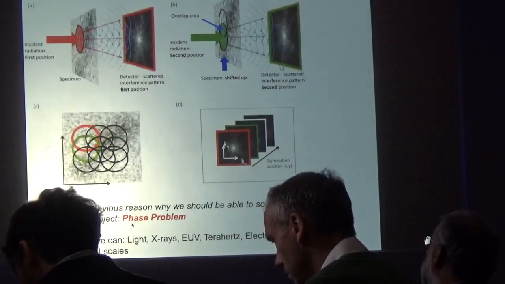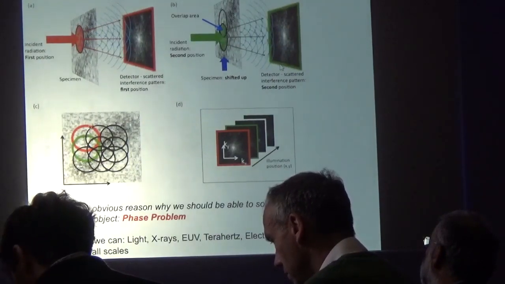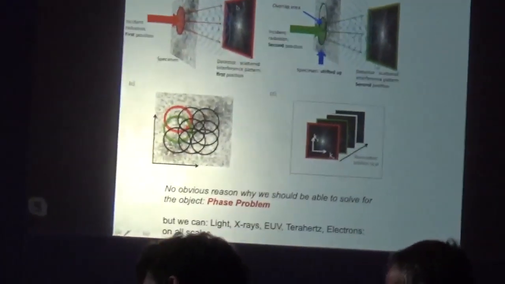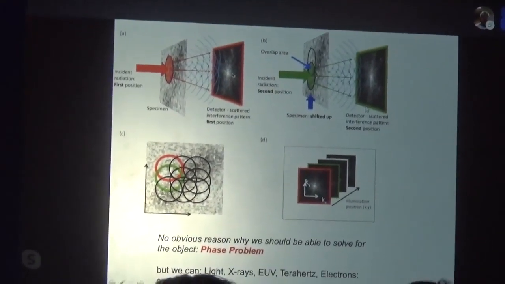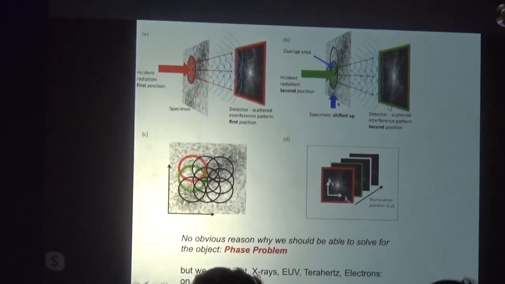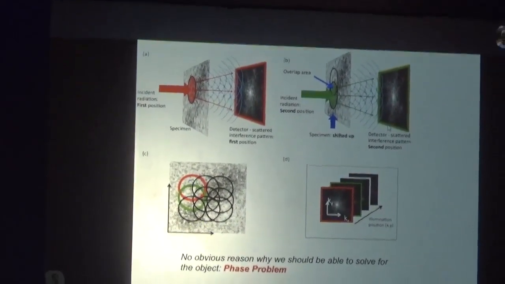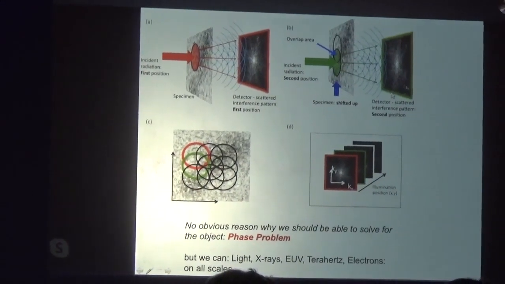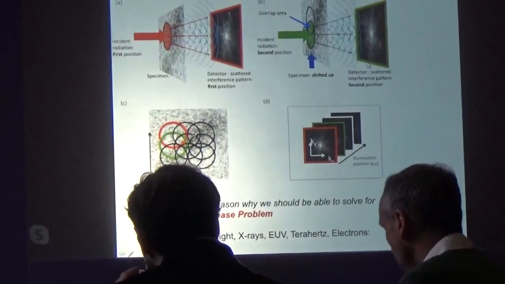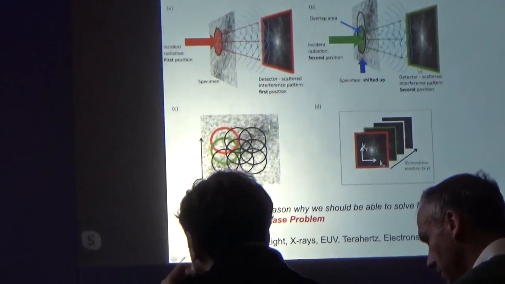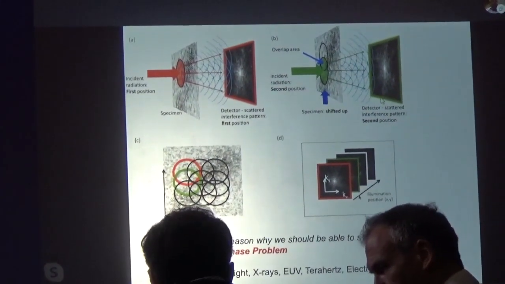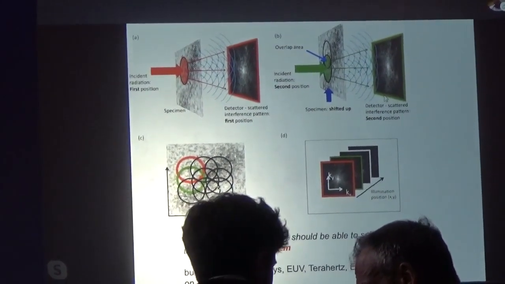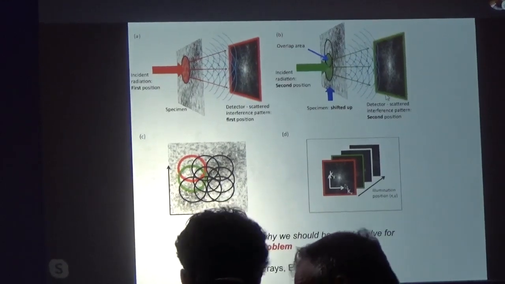So this is the basic principle. We have a specimen here. We have an illumination function. We record a diffraction pattern in intensity. We then move the specimen or the illumination, and we record another intensity pattern. And then we scan it across the whole sample, which will create a four-dimensional data set of illumination positions and diffraction patterns.